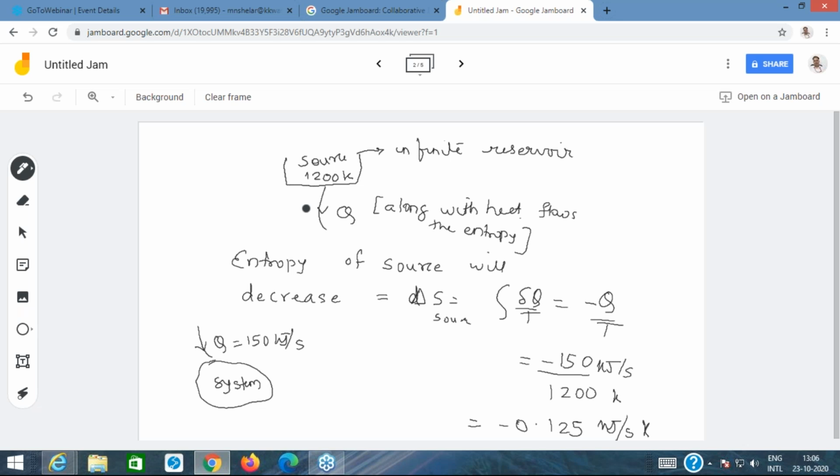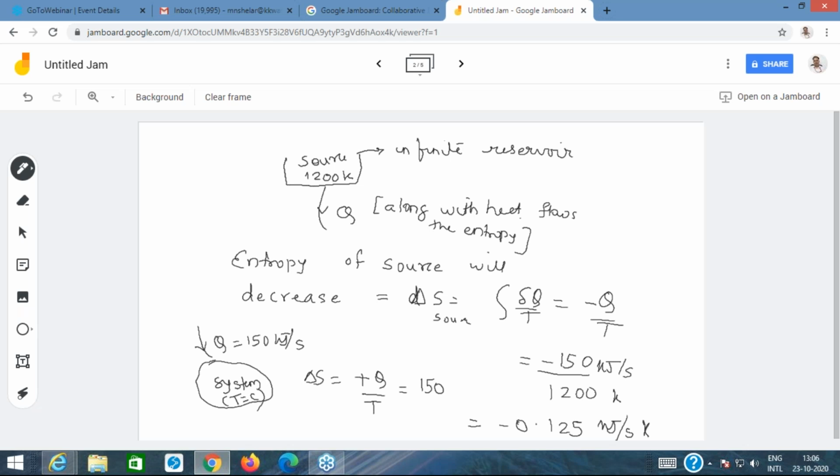Because the temperature is constant. If the temperature was not constant, the calculation would have been difficult. But we are assuming that the temperature of the system also remains constant, irrespective of the heat transfer. So your calculation becomes simple. It becomes plus Q by T, and Q is plus 150.